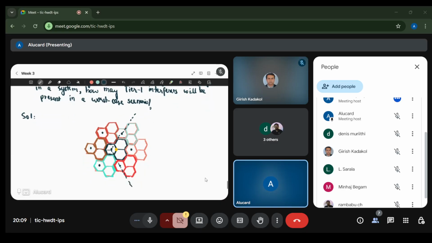So that's the sectorization of your own cell, and you have to do a similar sectorization for all the other co-channel cells. Now, in this scenario, how many co-channels are in the same sector?